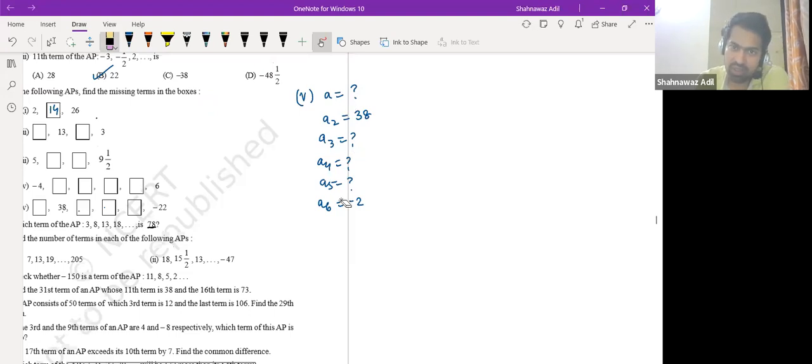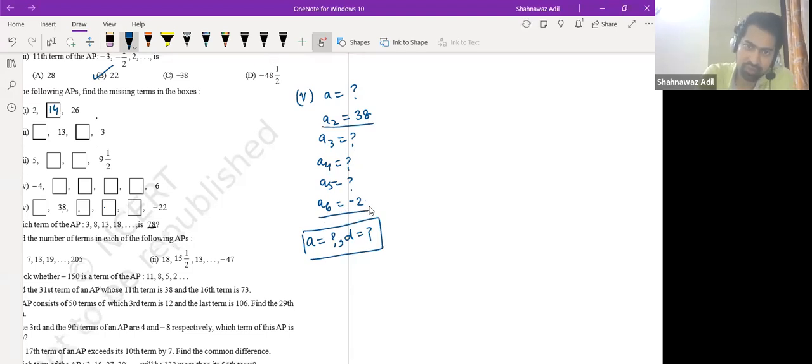So please try to find out the answer of this question. The hint is that you have to first find out A and then D. So these two things you have to find out, and only these two things. So please try to solve this.